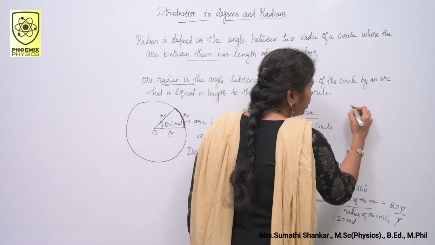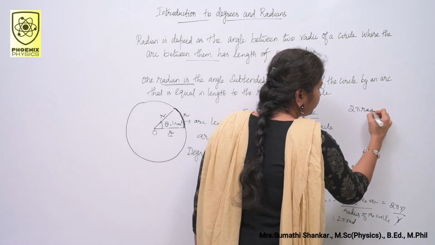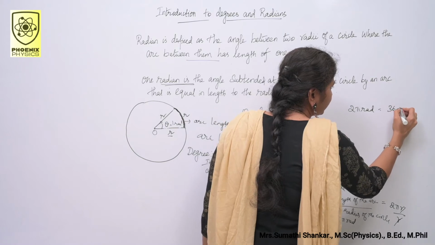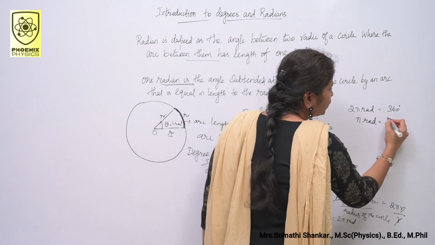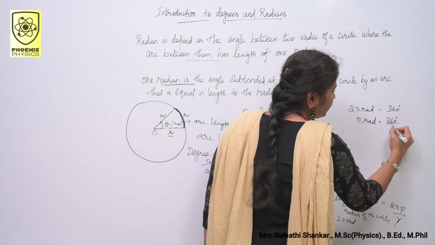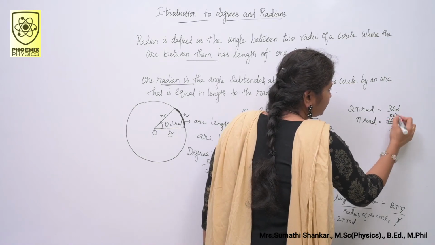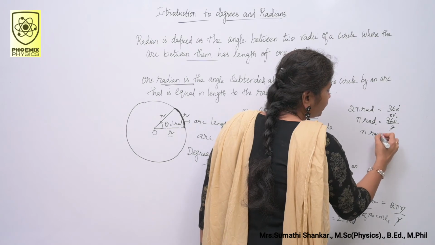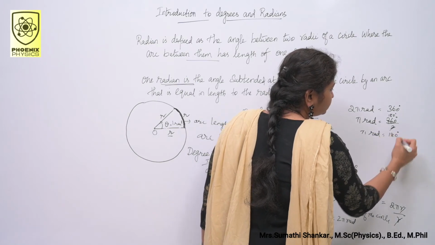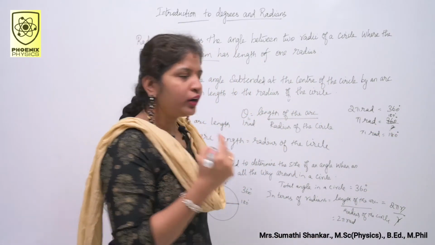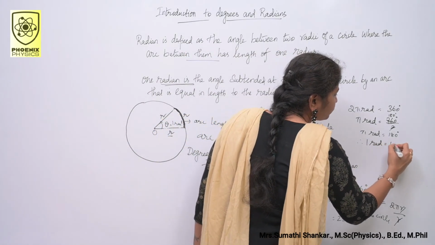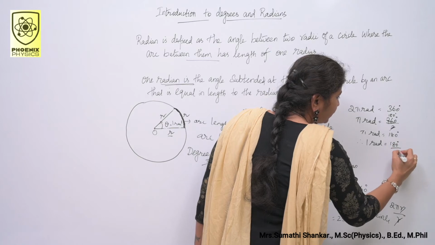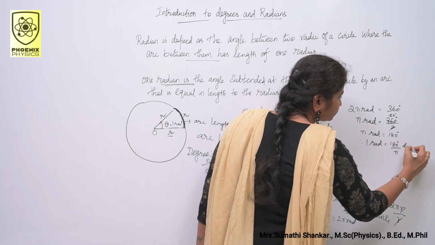You know that 2 pi radian is equal to 360 degree, right? Then what about pi radian? Pi radian is equal to 360 degree divided by 2, that is 180 degree. So pi radian is equal to 180 degree. Then how do you find out 1 radian? Therefore 1 radian is equal to 180 degree divided by pi degrees.